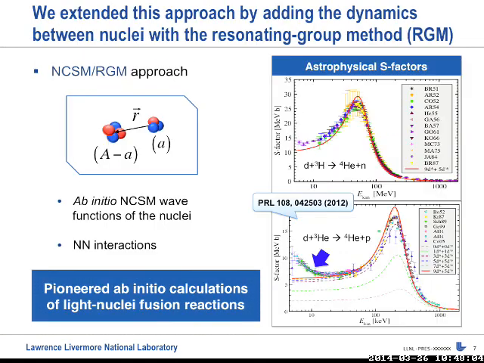So, in order to describe dynamic properties between nuclei, we use the resonating group method approach. We use basis states that are basically two nuclei in relative motion with respect to each other, in which we describe the two nuclei with the approach above, and then we solve for the relative motion.